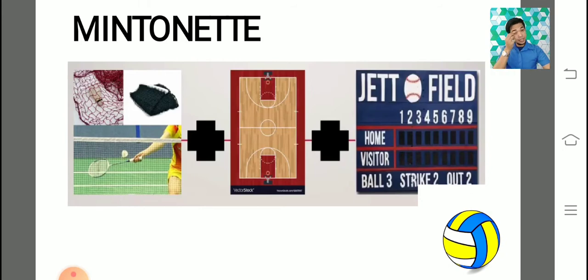Now, the game volleyball or mintonette, it is a combination of 3 games. So, nasa screen, ano to? Sige nga, can you guess what sport is this? Itong first picture. Okay, correct. That was the badminton game.